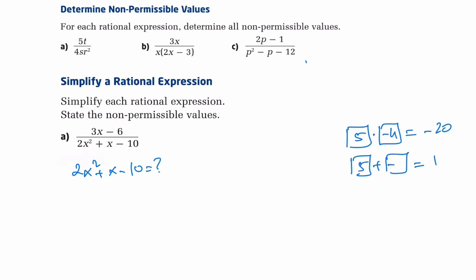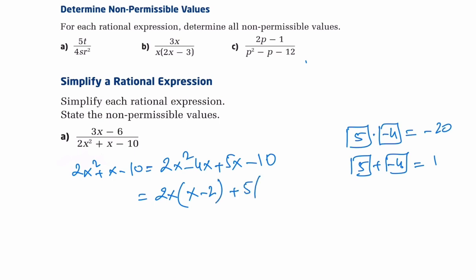So my expression can be written as 2x squared minus 4x plus 5x minus 10, which is equal to 2x times x minus 2 plus 5 times x minus 2, and I will factorize by x minus 2 times 2x plus 5.